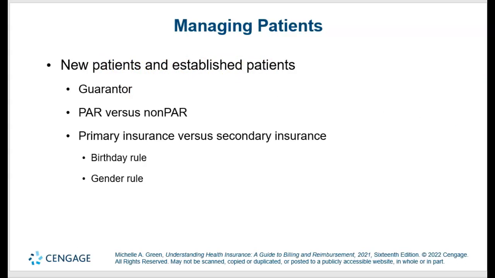New patients is somebody who comes in. Let's go ahead and look at this in your book. Look up the definition of new patient. A new patient is one who has not received any professional services from the physician or from another physician of the same specialty who belongs to the same group practice within the past 3 years.